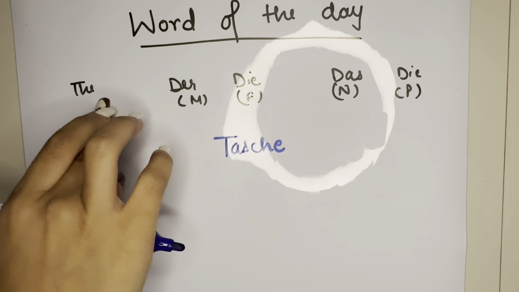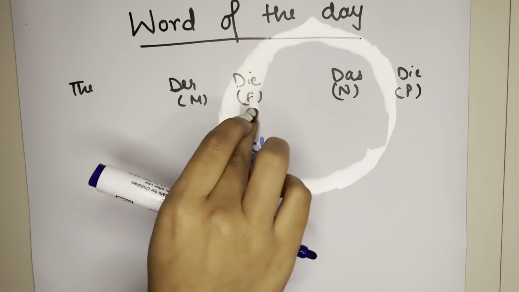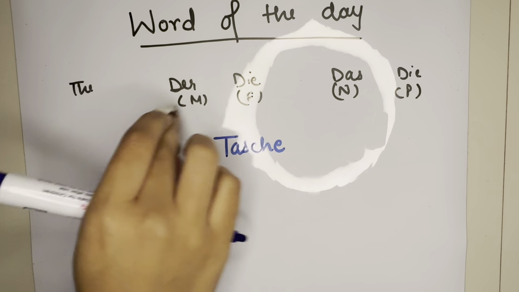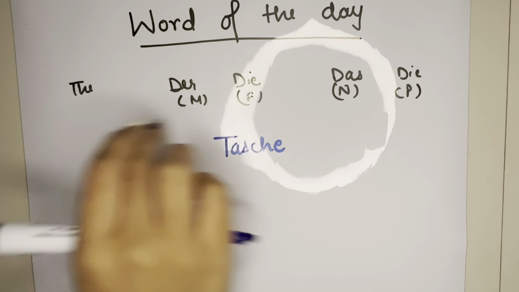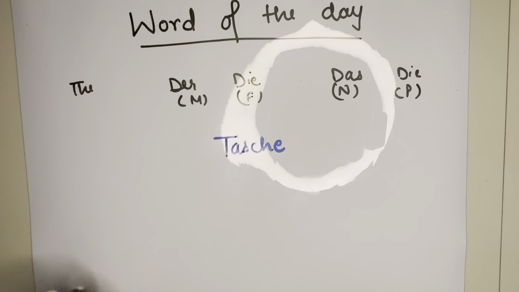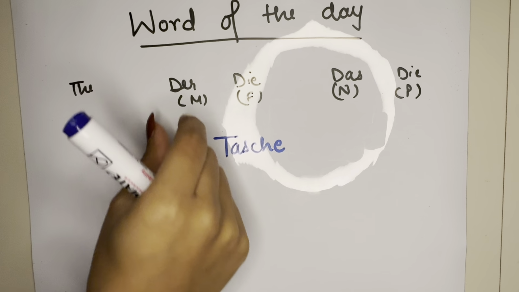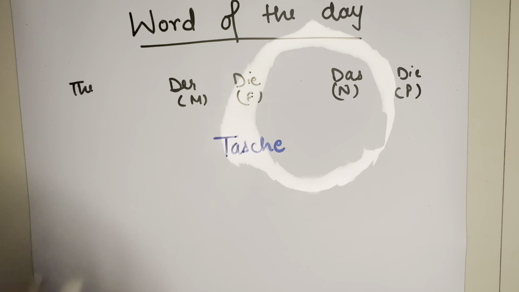In English, we just have the, but in German, we have der, die, das. Der is masculine, die is feminine, and das is neutral, and all of these mean the. Every noun has to have a masculine, feminine, neutral, or plural article behind it.